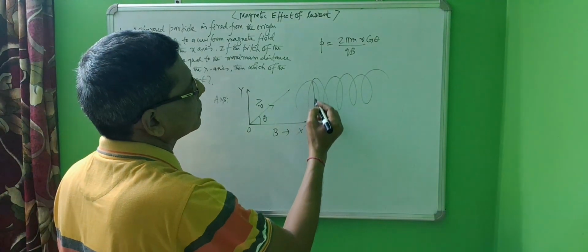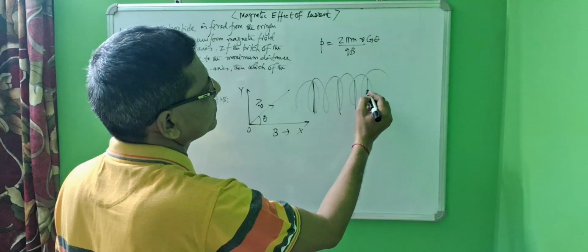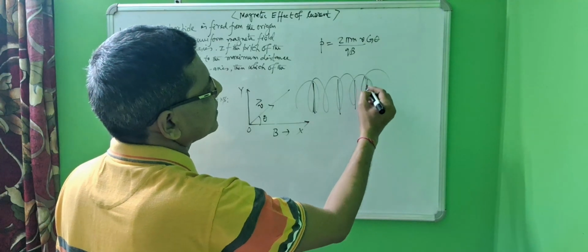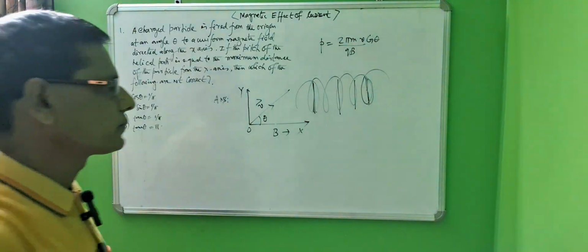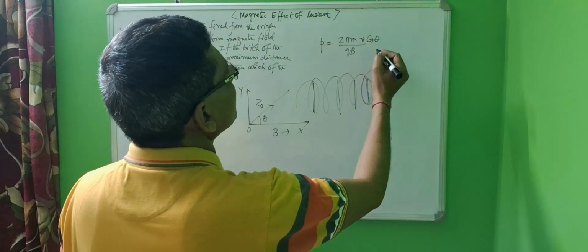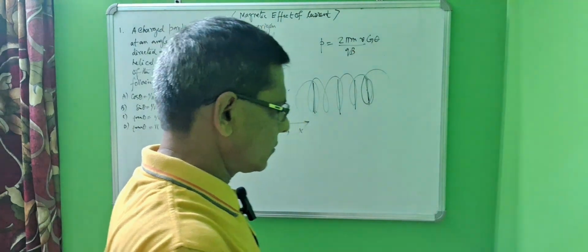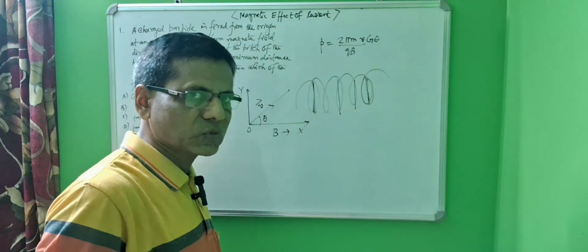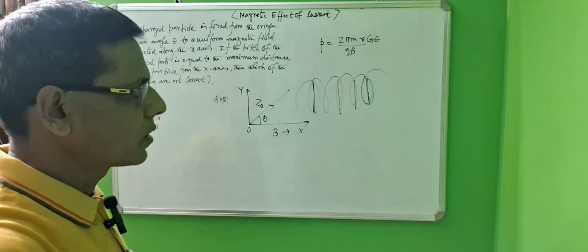The distance, this is twice r. The maximum distance is twice r, because this is a circle. This is r, this is r, so twice r, the diameter of the circle. We know from 12th class that the expression for pitch is this.